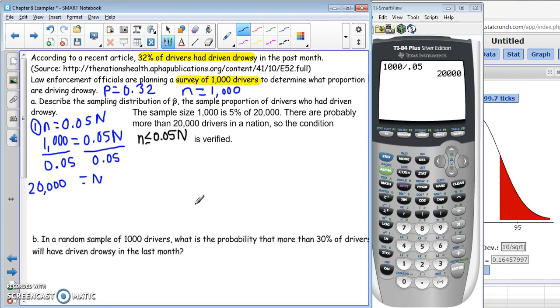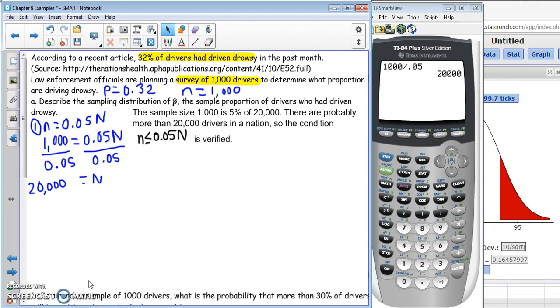The second thing we want to check for, we'll slide this down, is that n times p times 1 minus p is greater than or equal to 10.